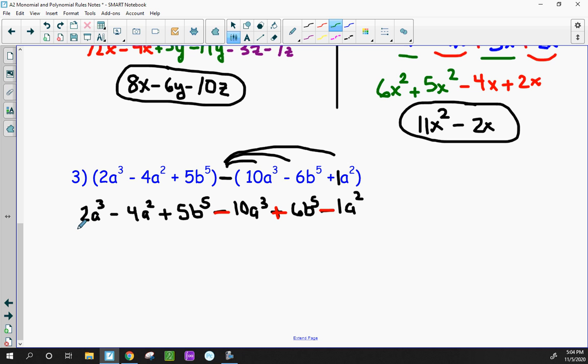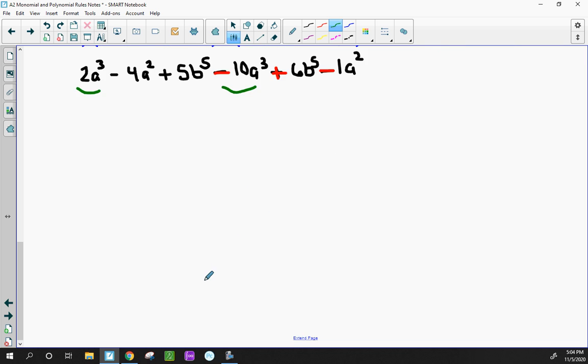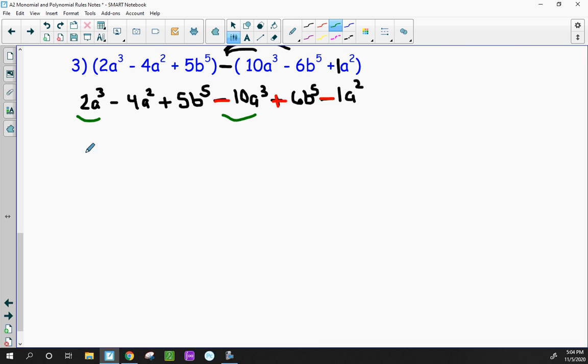Alright, next we're going to group like terms. These two match. They have the same letter and power. So we're going to drop those down. Make sure you bring the same thing down. Okay, then we're going to bring down our a squared term.